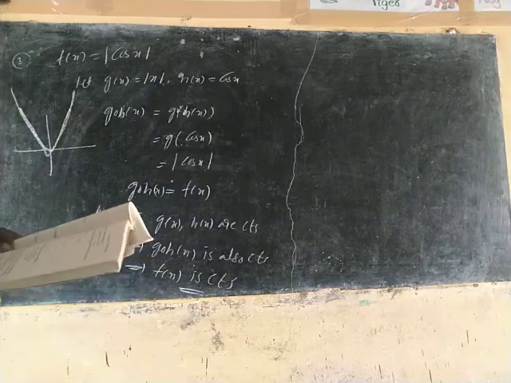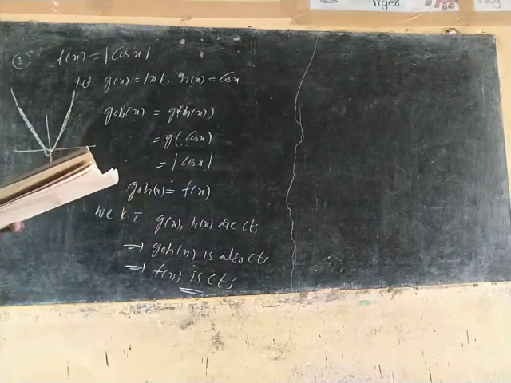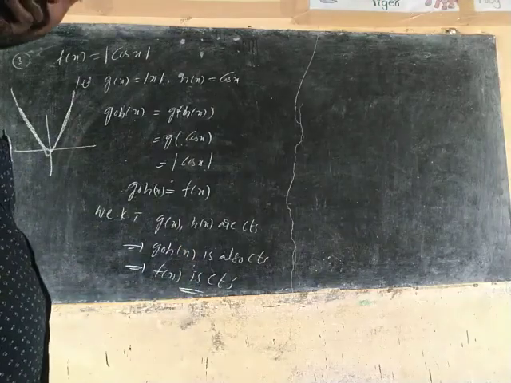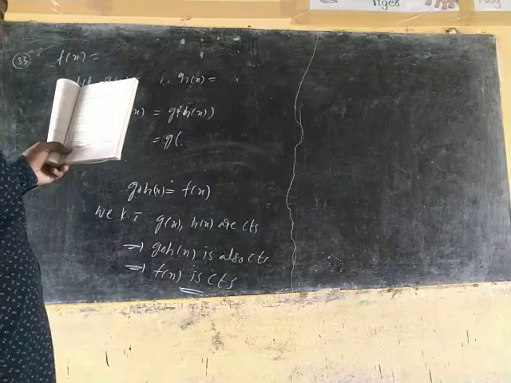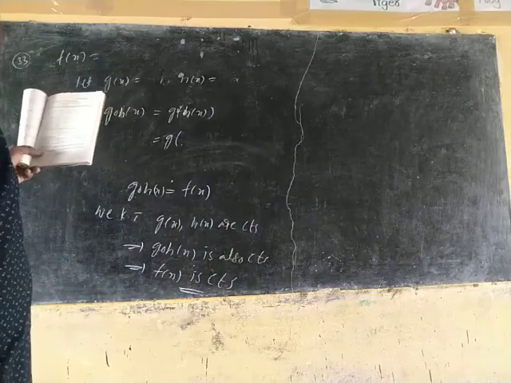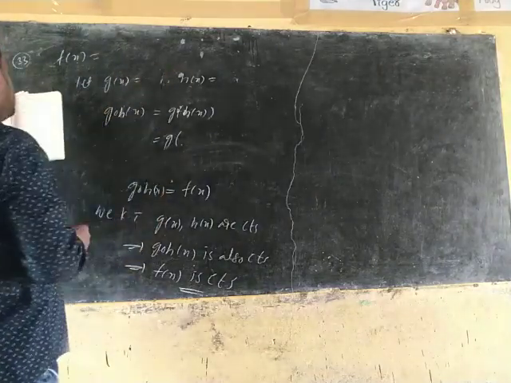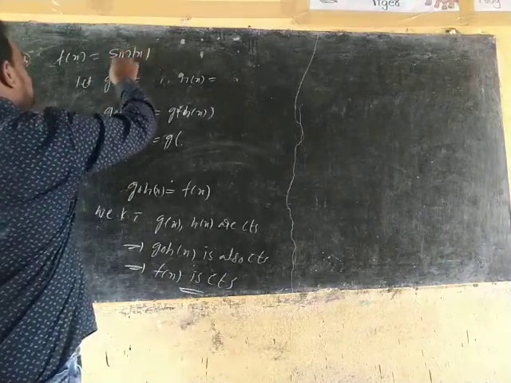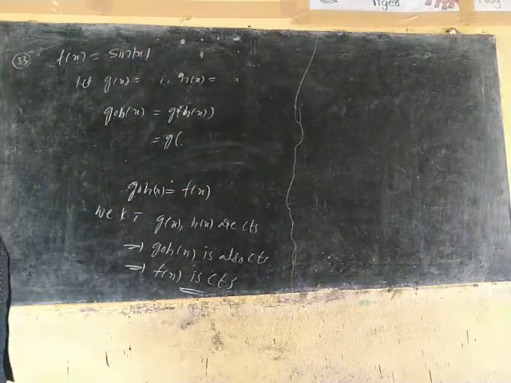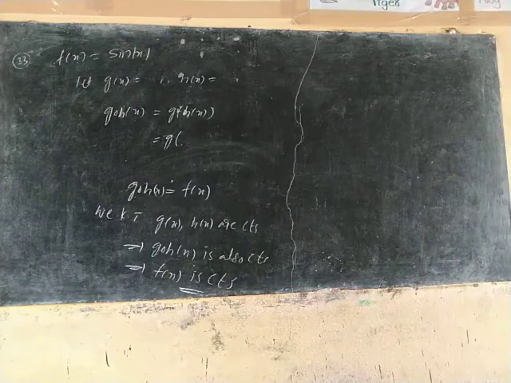Next question 33. Examine that sine of mod x is continuous function. Let f of x be sine of mod x. This function we need to prove continuous. So how are we proving?